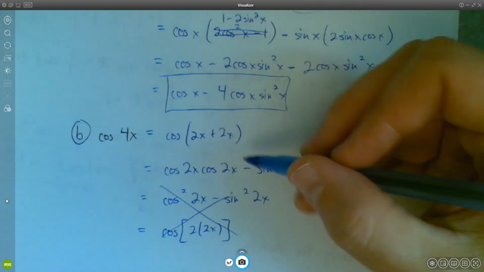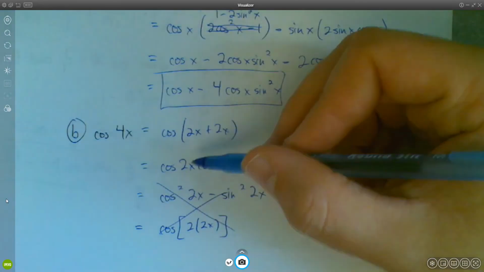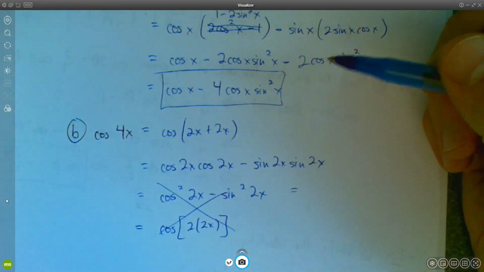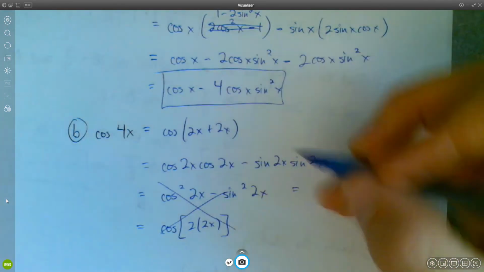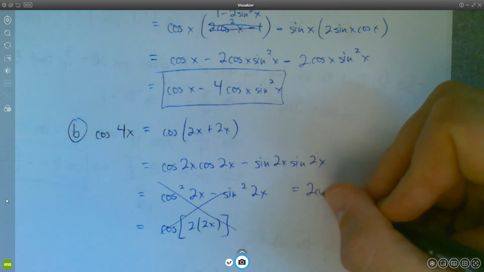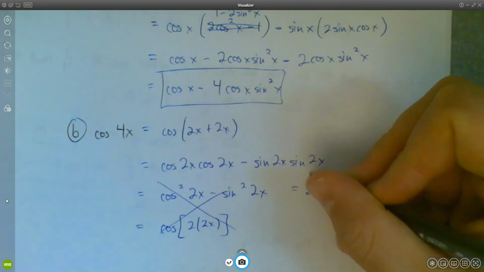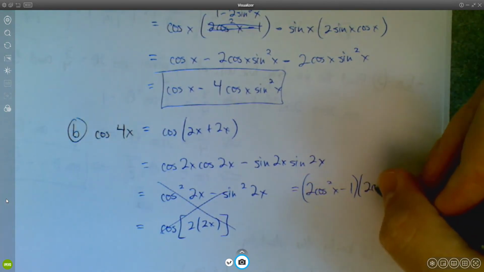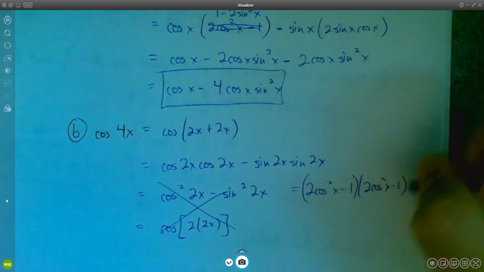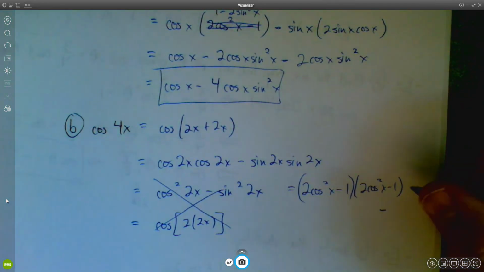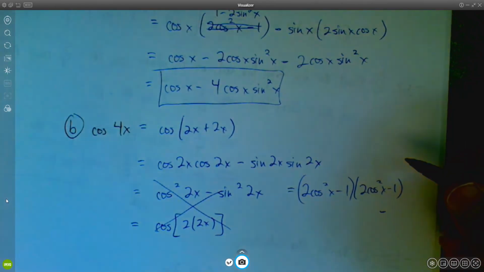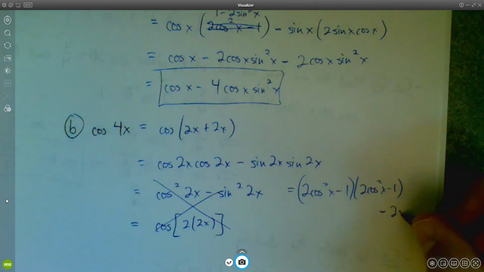Maybe what I want to do, actually, is use double angle identities. So I'm going to call this 2 cosine squared x minus 1 times 2 cosine squared x minus 1 minus, oh goodness, 2 sine x cosine x quantity squared.